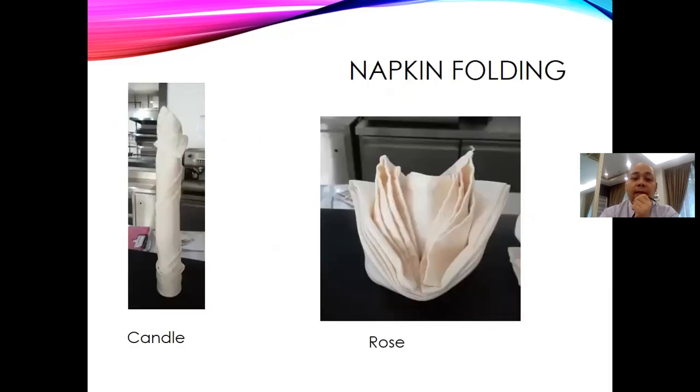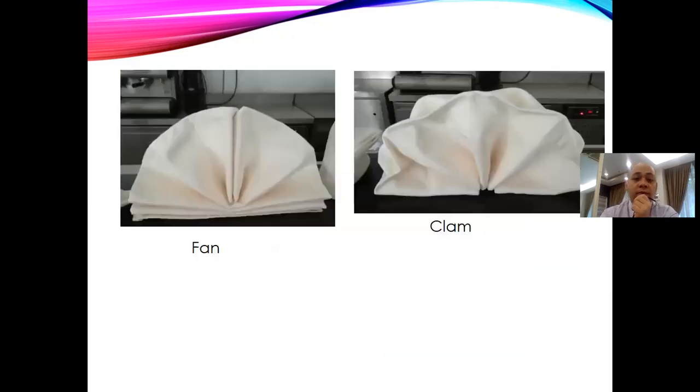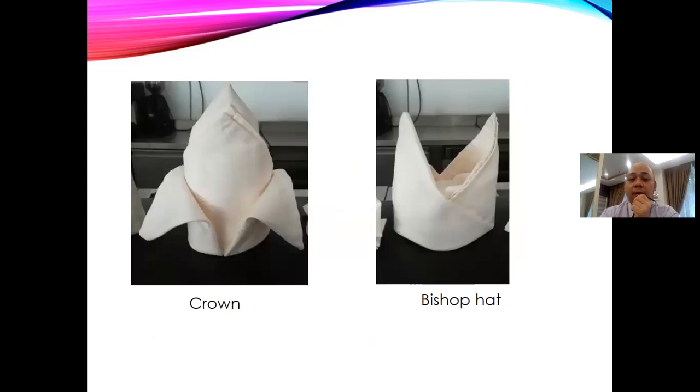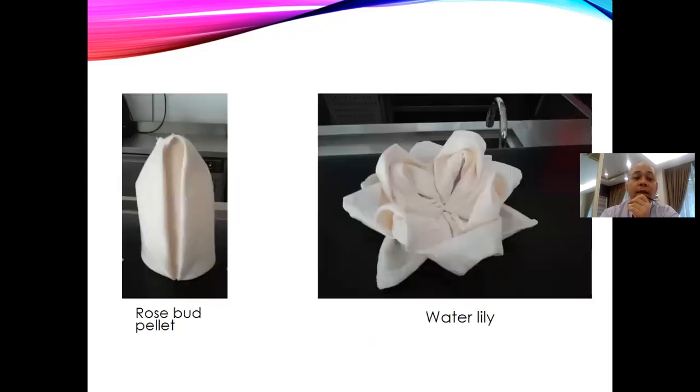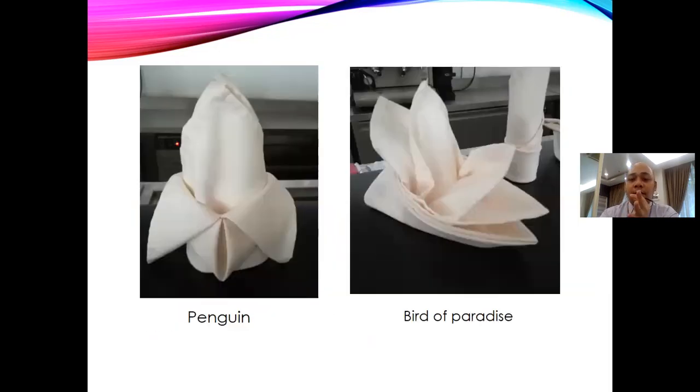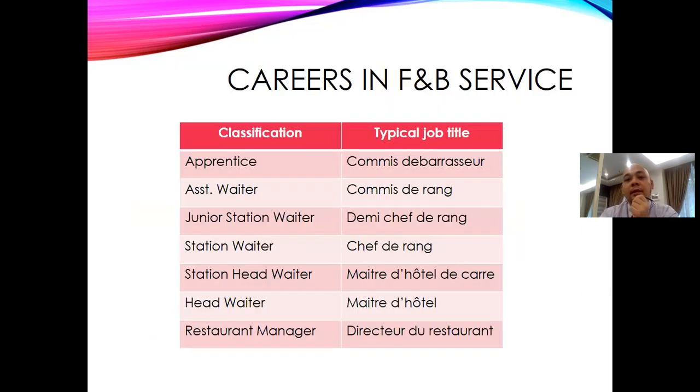And these are the napkin folds. You have candle, rose, fan, clam, crown, and also bishop hat, together with water lily and rosebud petal. Another folding here we have penguin, or we call it banana, bird of paradise, some call it Sydney, some call it opera.